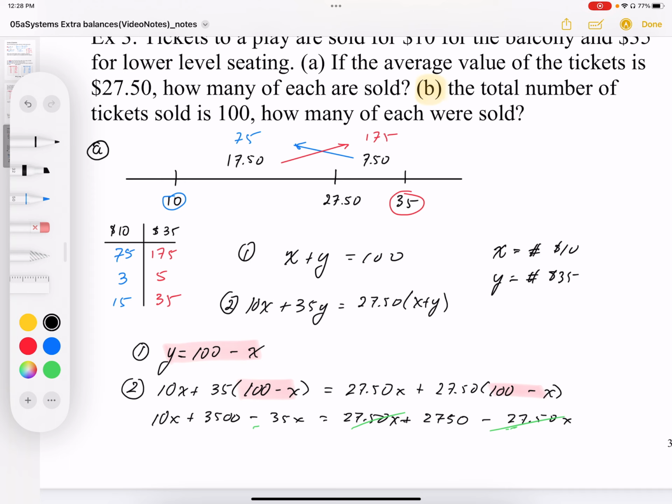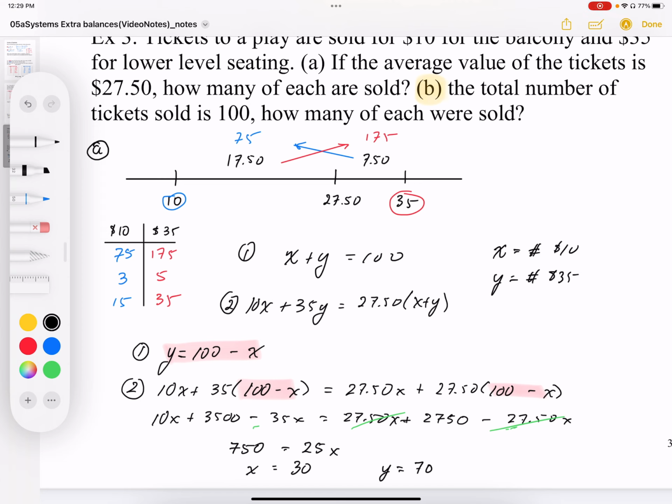By subtracting 2750 from both sides, I'm going to end up with 750 on the left-hand side. I'm going to end up with 10x minus 35x, which is negative 25x, so I'm going to divide both sides by negative 25. And then x works out to be 30 tickets. Y works out to be, when I plug it back into equation 1, 70 tickets, and that's what I was looking for.